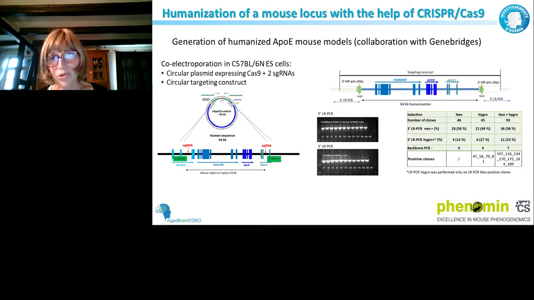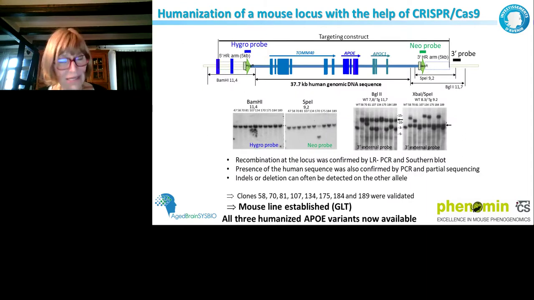And using a selection neo-hygro, we obtain positive clones. And sometimes, of course, we also obtain these famous concatemers I was talking about just before. And just to say, that's how we validated our lines afterwards. We used a neo probe and a hygro probe.